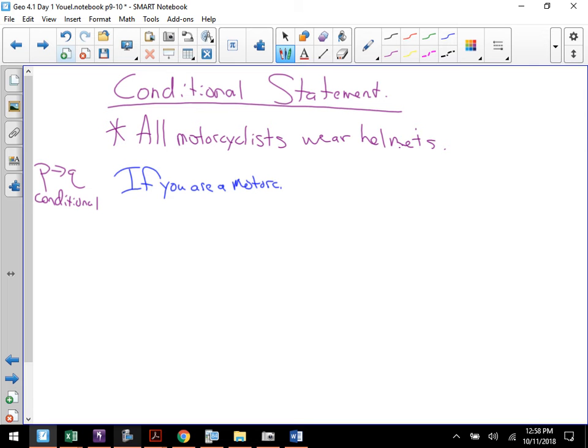Remember it goes conditional, converse, inverse, contrapositive. If you're a motorcyclist, then you wear a helmet. Is that true or false? False. Not everybody that rides a motorcycle wears a helmet, but they should.